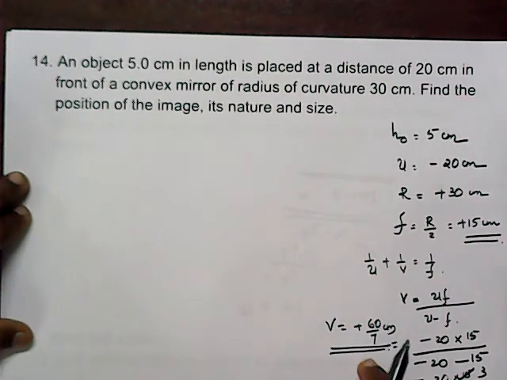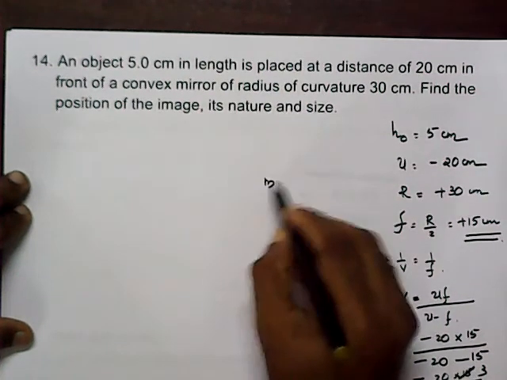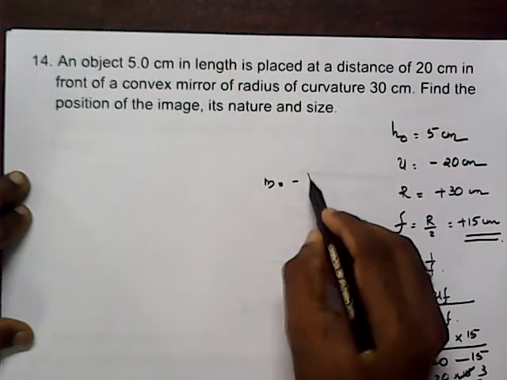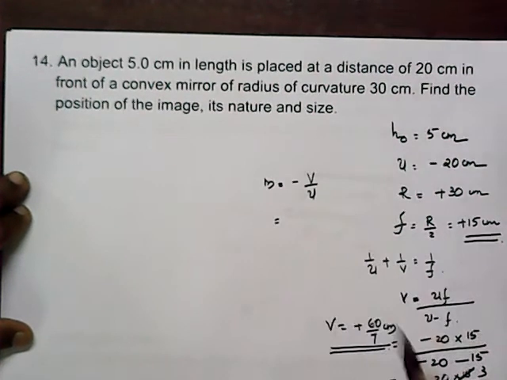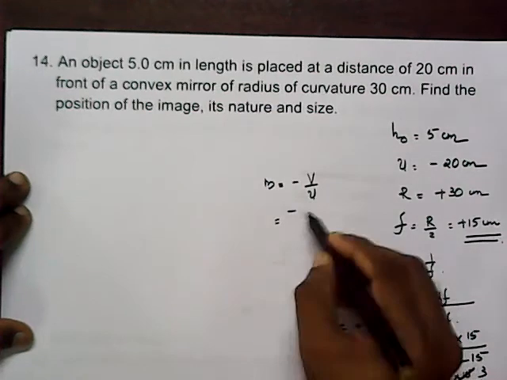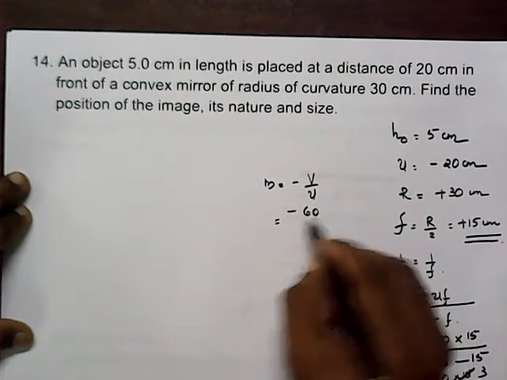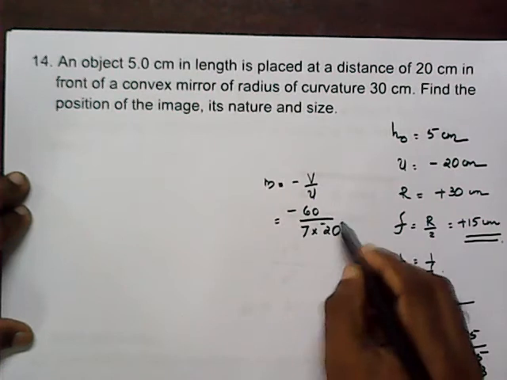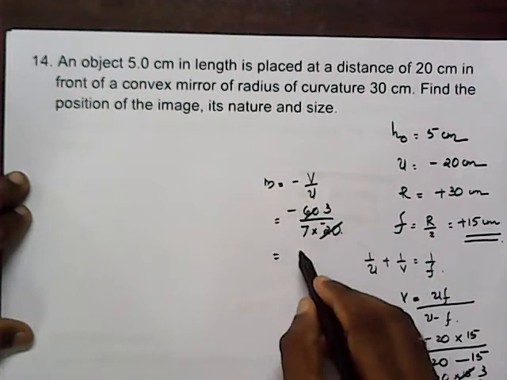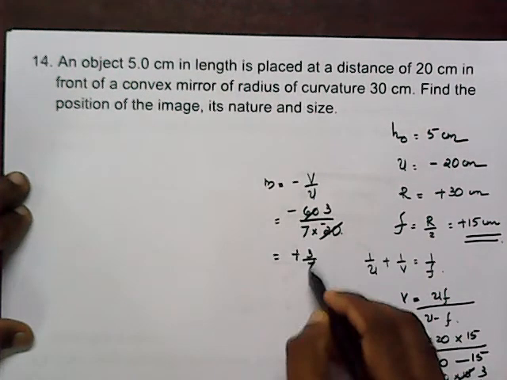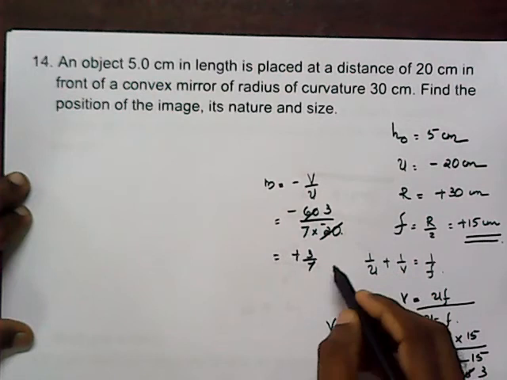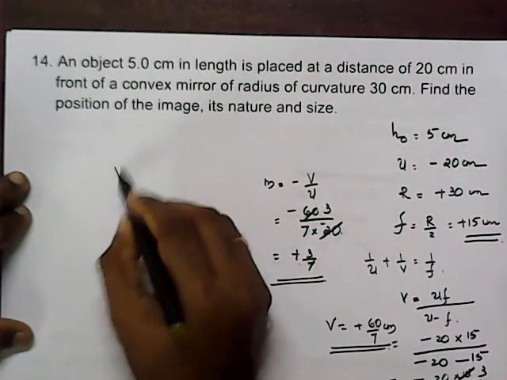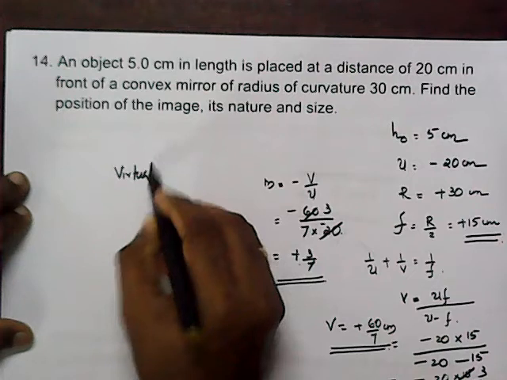If you know v, we can easily find m as minus v by u. There v is plus 60 by 7 and u is minus 20. So it becomes plus 3 by 7. Because of the plus sign, we can say it is virtual.